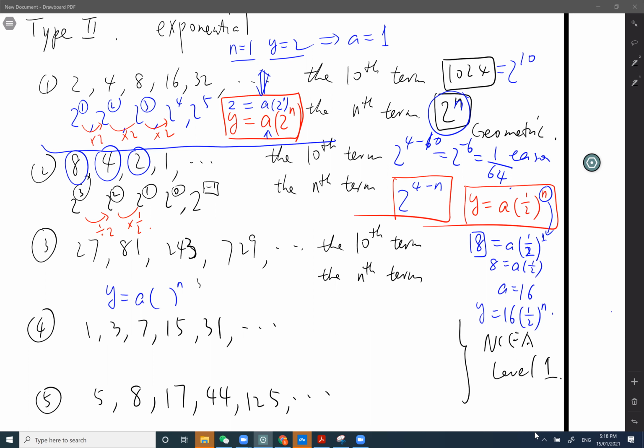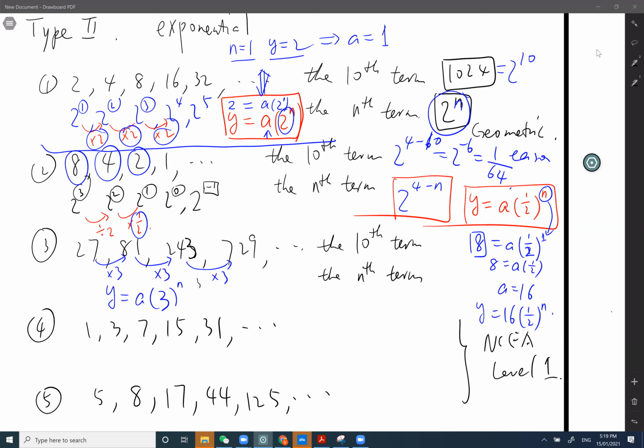From here to here, what do you times? 3. Here to here, 3. So here, 3 to the power of n. 2 to the power of n. Half to the power of n.